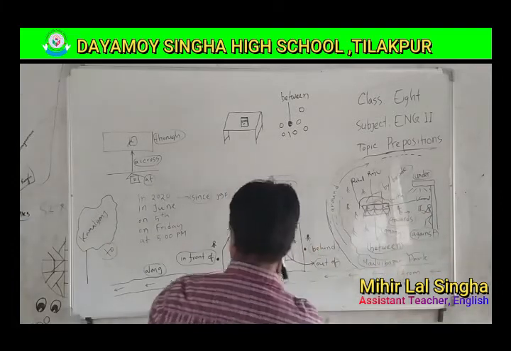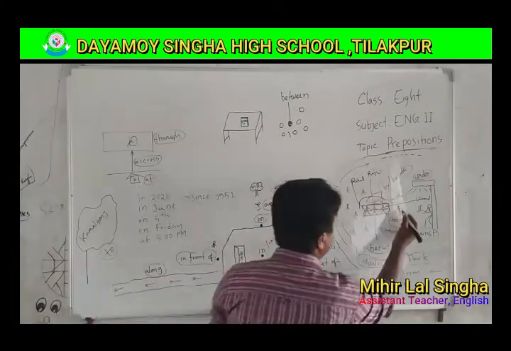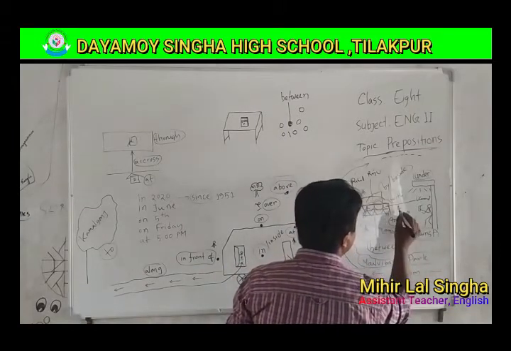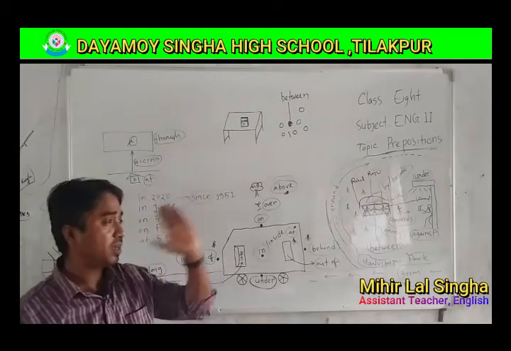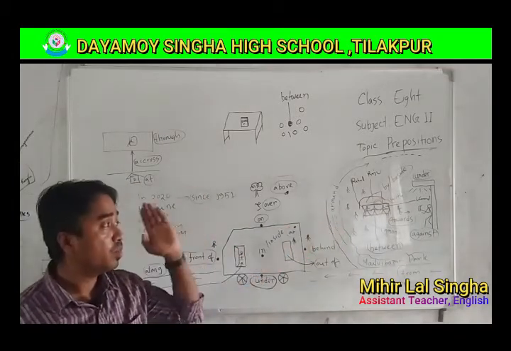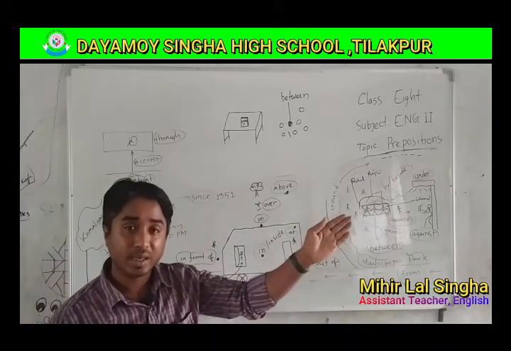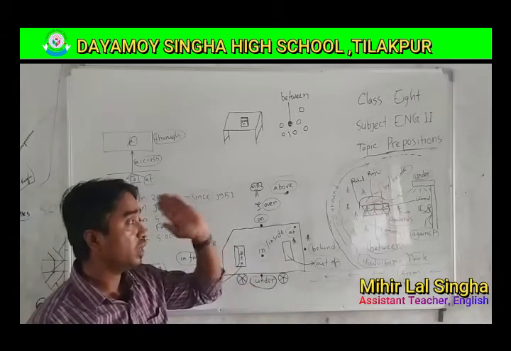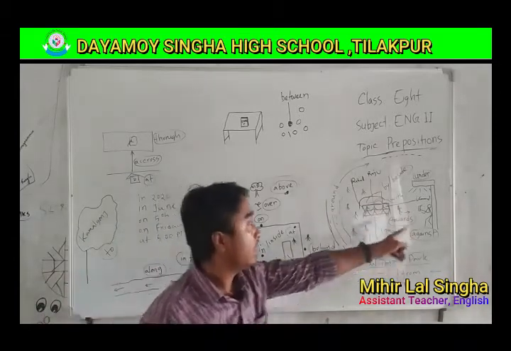Now towards. There is a person and there is a lamppost. The man is walking straight to the lamppost. So there is a movement and it is straight. He is not going anywhere else, here and there. He is going straight to the lamppost.